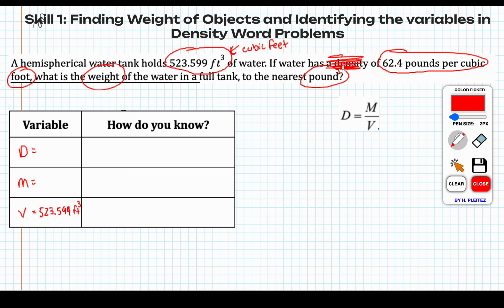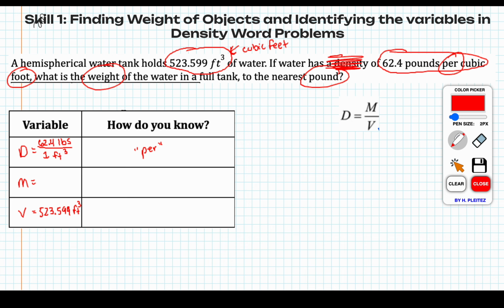But even if it didn't say that, if it just said 62.4 pounds per cubic foot, you would know that's a density because you see the word per in there, right? That per is making it a fraction, and that's what density is, right? So our density, again, we're writing our units in there. We have 62.4 pounds, which is lbs, per 1 cubic foot.